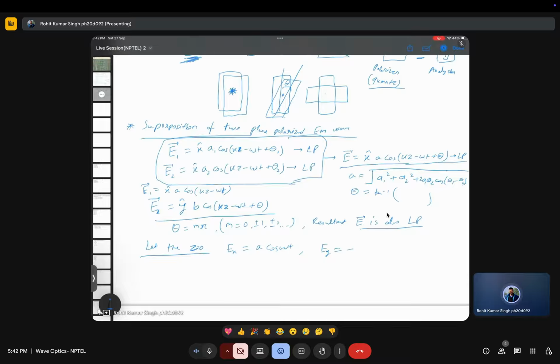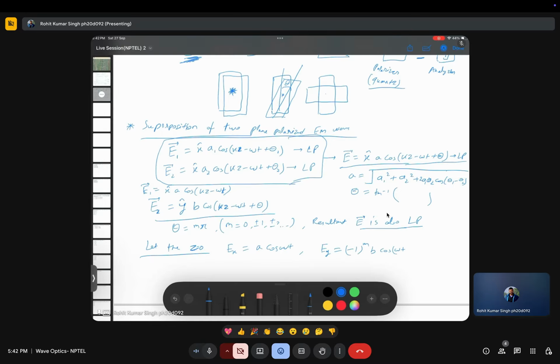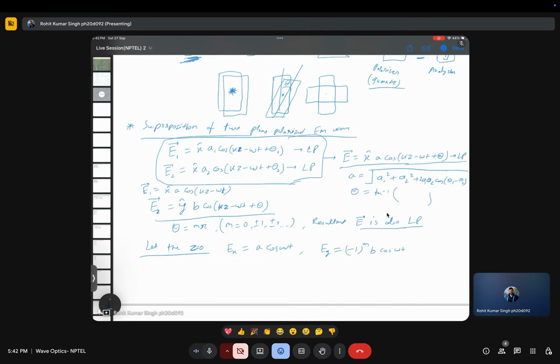you can write it like this: minus 1 to the power m b cos omega t. Okay, because see, if theta equal to 0, then you get b cos omega t. If it is plus pi, you get plus 1.